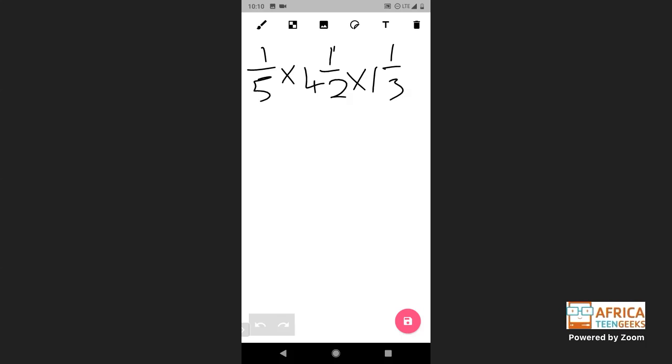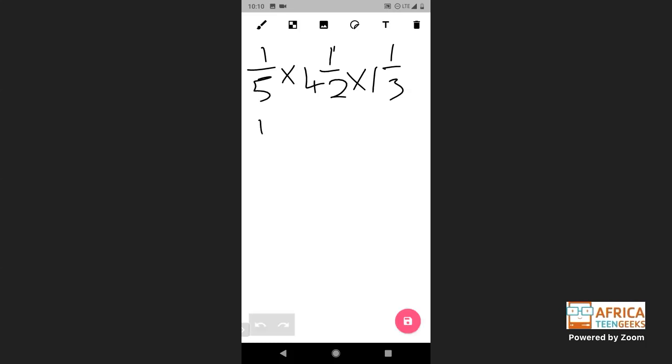You remember that we must write our mixed fractions as improper fractions. We can't just calculate using mixed fractions.